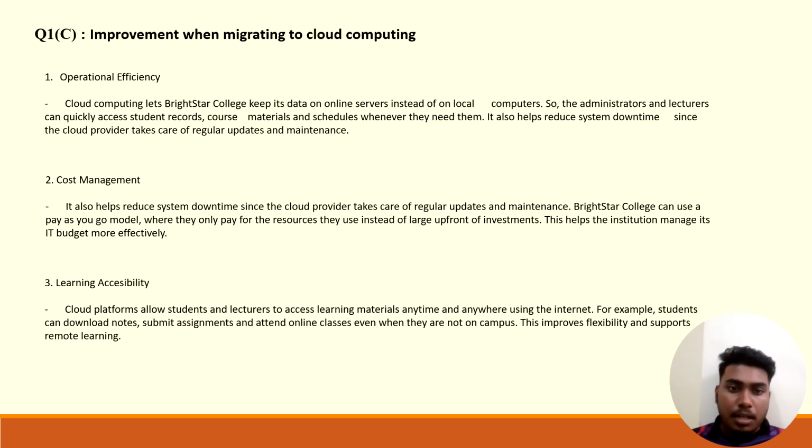This means the administrators and lecturers can access student records quickly and from anywhere. Another big advantage is that the cloud provider handles all the updates and maintenance. This greatly reduces system downtime, so the college experiences fewer technical problems.